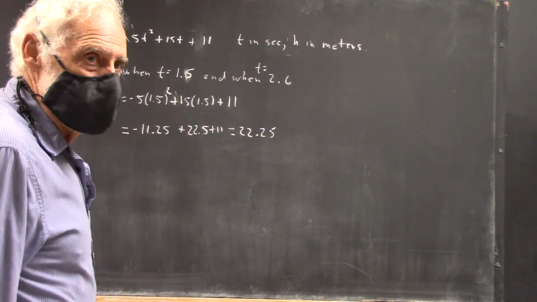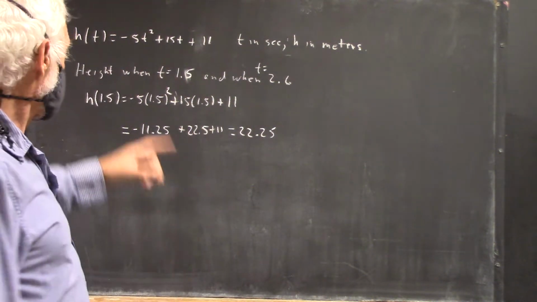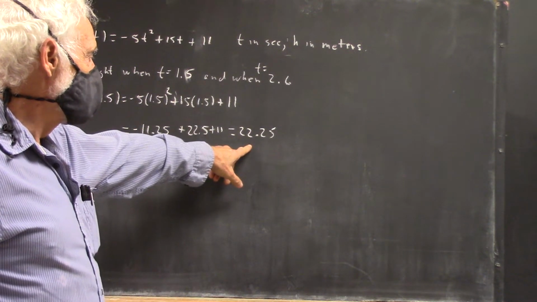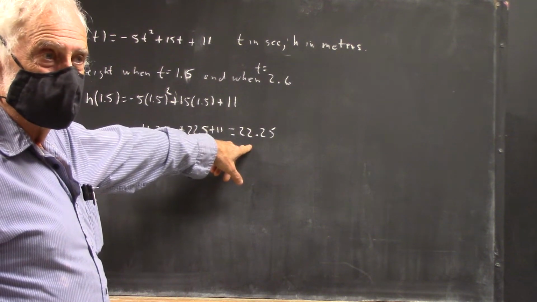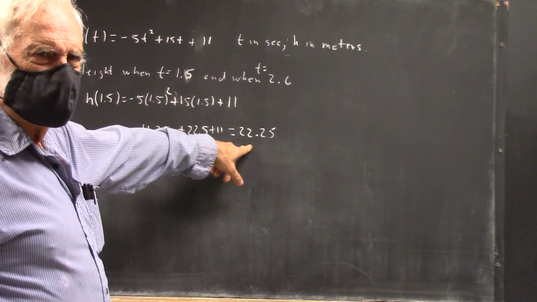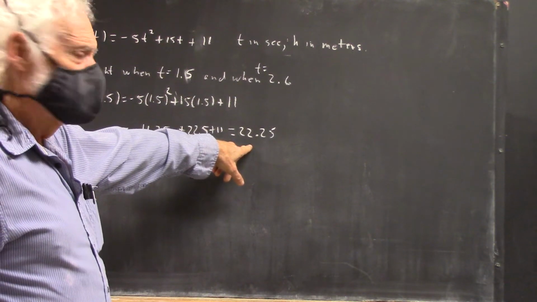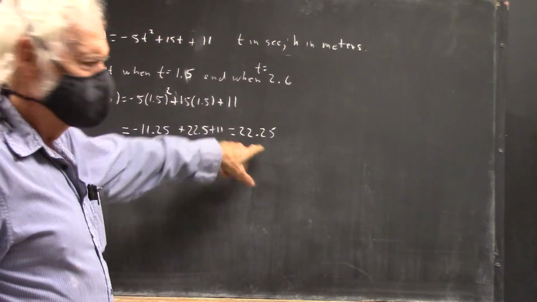Okay? So it's 22.25 meters high after 1.5 seconds. Now that's something in the neighborhood of 70 feet. Not sure I could throw something 70 feet high. Pretty sure I couldn't. But I could throw things.